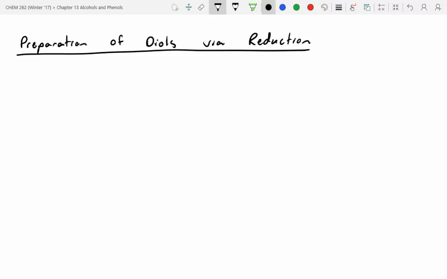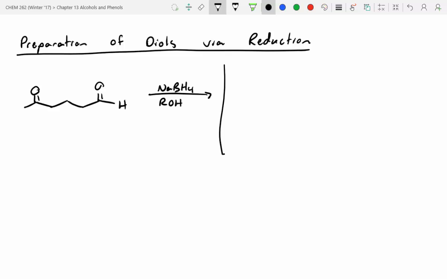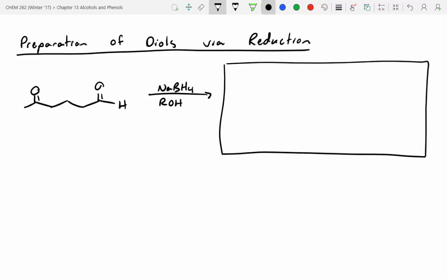Let's do this compound, and I'm going to treat it with sodium borohydride and an alcohol, and I want you guys to help me figure out what the product would be for this reaction. Then I'll give you guys a second one to work on.